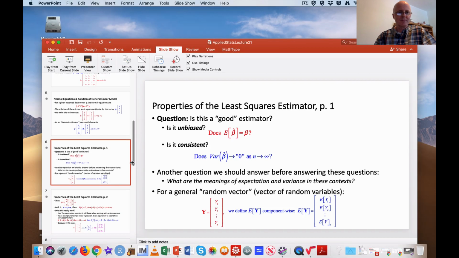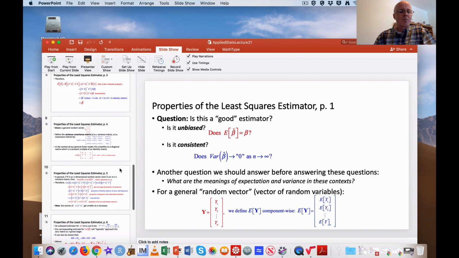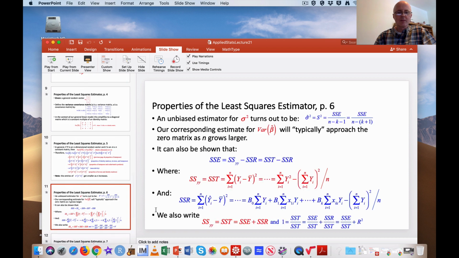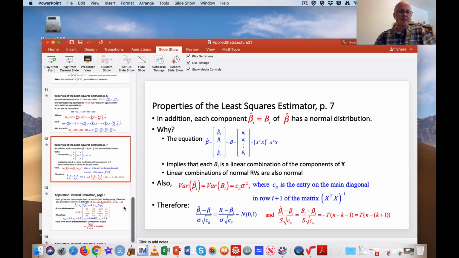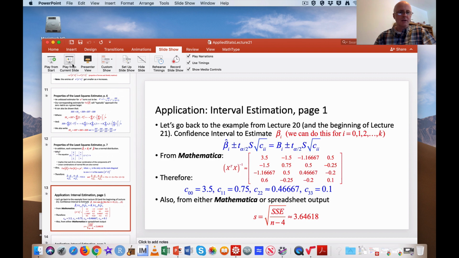Oops, sorry. Where is it here? Here we go. Oh, the matrix X transpose X inverse. Right here. Okay. Hang on, we're almost done.